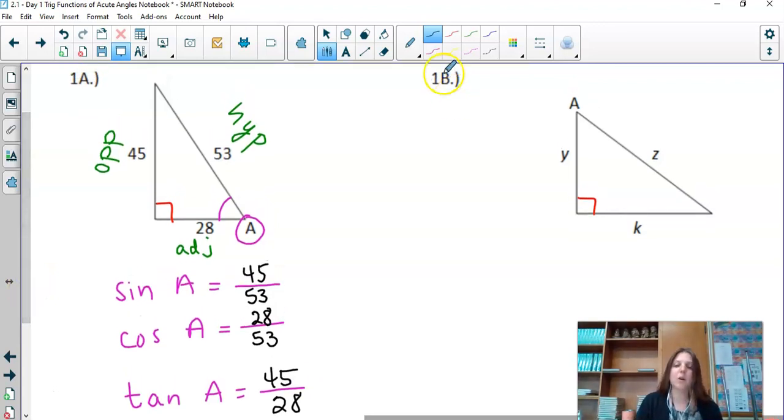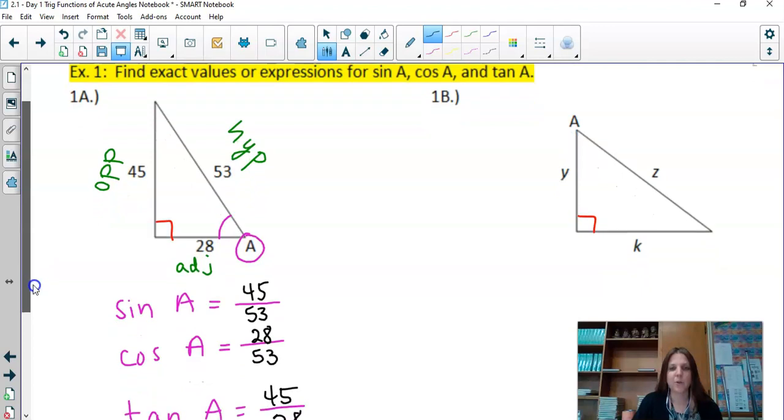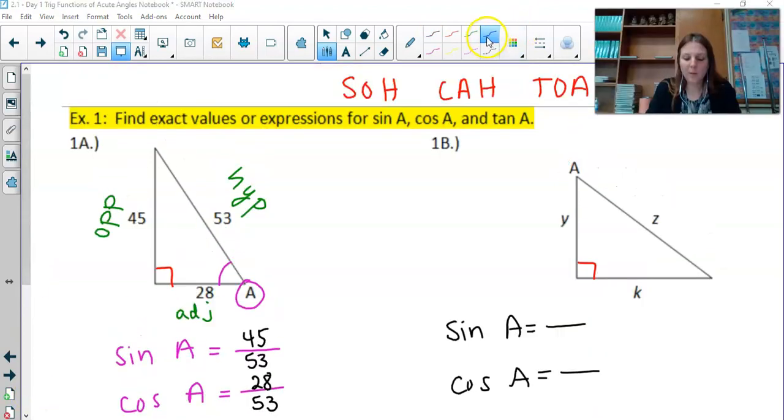Same thing for 1b. So again, we're looking for the sine, cosine, and tangent of angle A, and that's by the directions. So I'm going to identify angle A. That's the one I'm looking for, sine, cosine, and tangent of angle A. I'm going to mark it, and I have to label the sides. So the hypotenuse is always the longest side. It's always the one opposite the right angle.